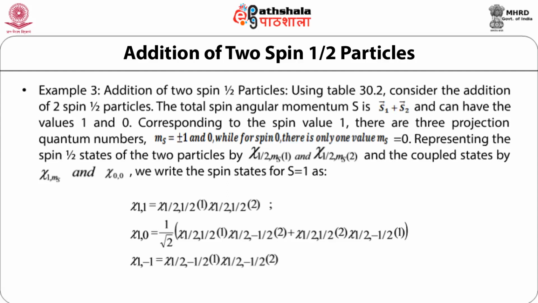And for the third case, that is for the total spin angular momentum value being 1 and the value of ms being minus 1, the coupled state is given by xi subscript 1 comma minus 1 is equal to xi subscript half comma minus half 1 corresponding to particle 1 times xi subscript half comma minus half 2 corresponding to particle 2.